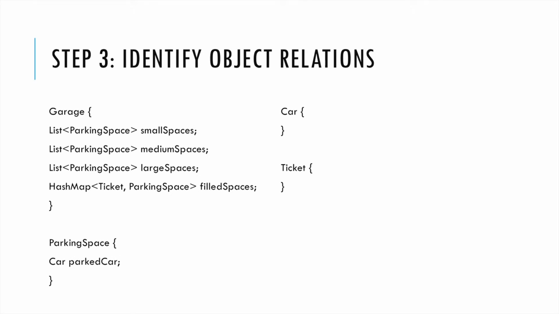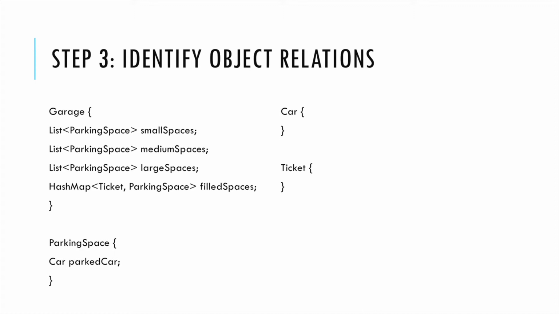Step 3. Identify object relations. For the garage, we can identify it must have parking spaces. For this problem, we have three different sizes of parking spaces, so for the garage, we can have three lists to store them.